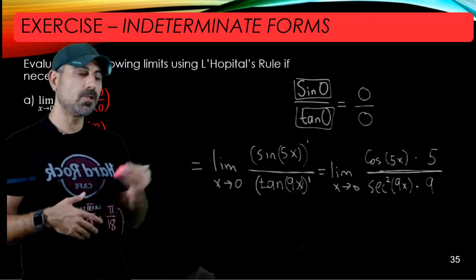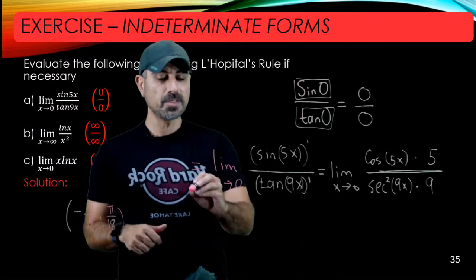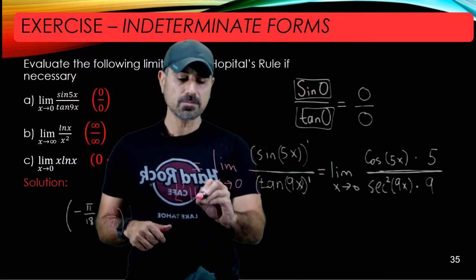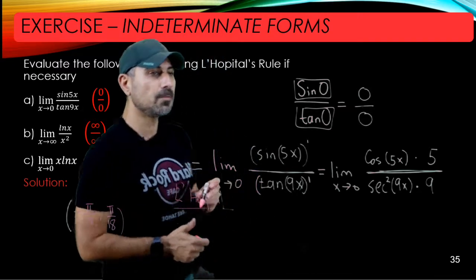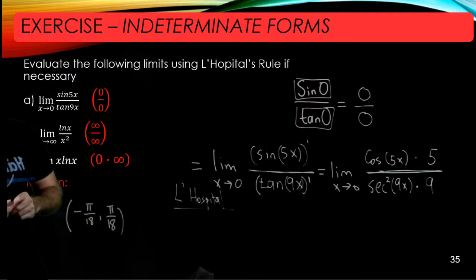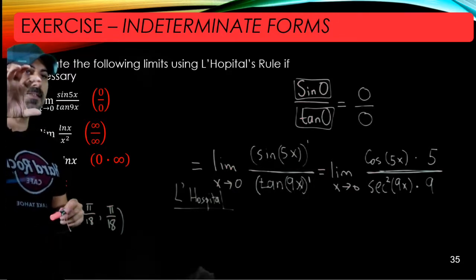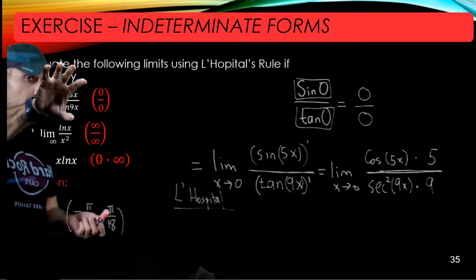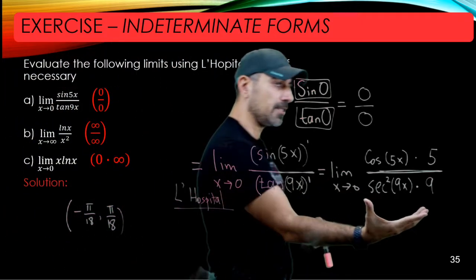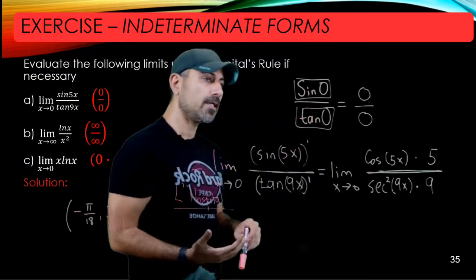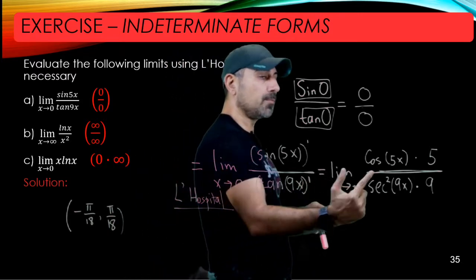So essentially what we did here is that after we apply L'Hopital's rule, we just said that this limit, which was originally 0 over 0, is the same as this limit. So what we're going to now check is what this limit spits out.